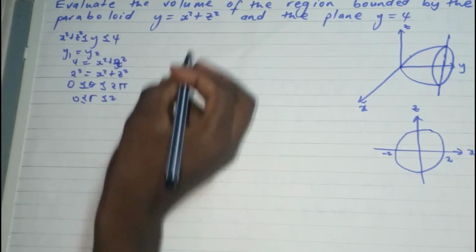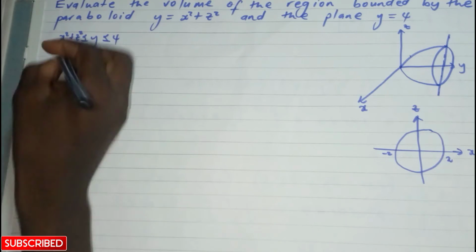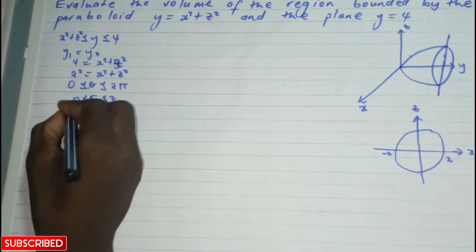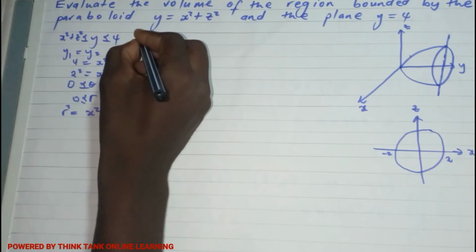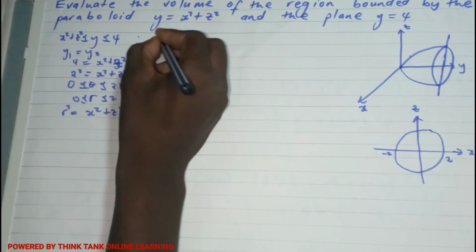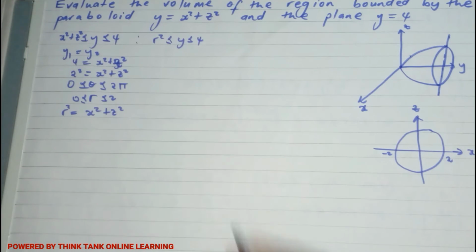I said r squared is equal to x squared plus y squared. So in this case, r squared is equal to x squared plus z squared. That means the lower bound of z I can write as r squared, and the upper bound is 4. See, this is how cylindrical coordinates work. Now let's perform our triple integral.